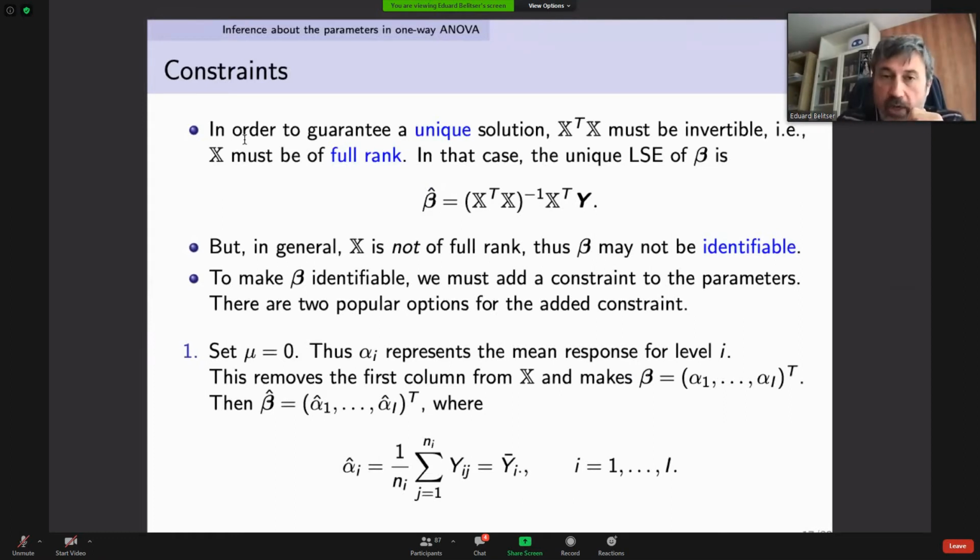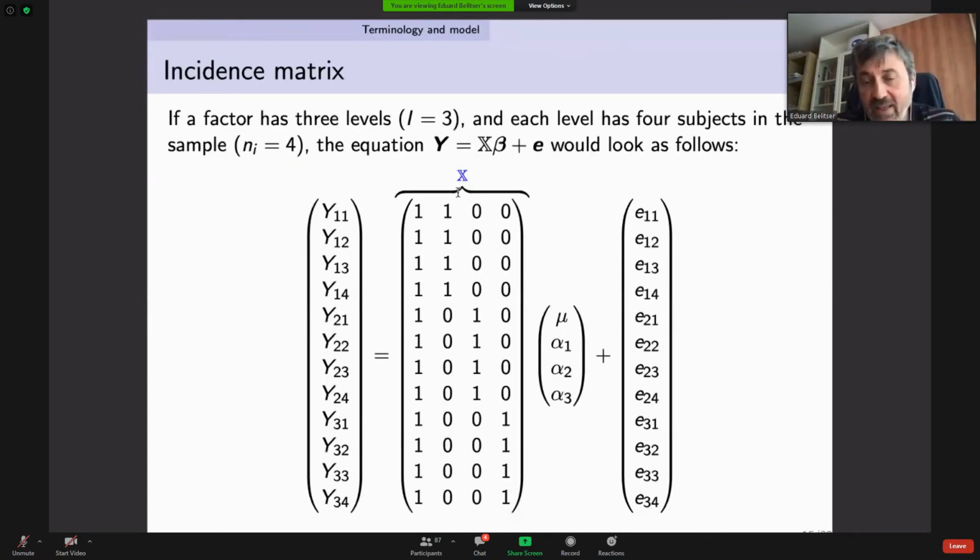Now let's go back to our example. Is that the case? You see, these are our columns. Are they linearly independent? Well, no, because just take the second, third, and fourth, and sum them all up. You will get the first column. So the first column is the sum of the others.